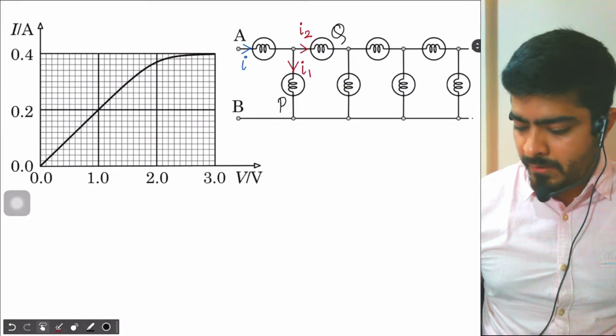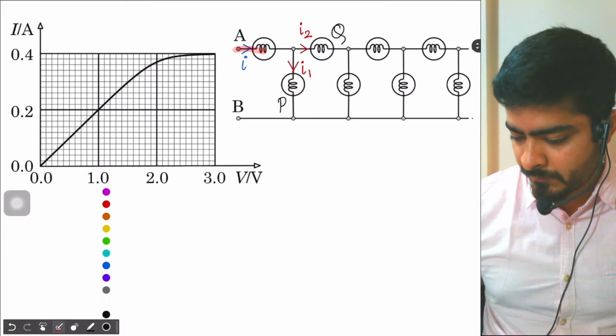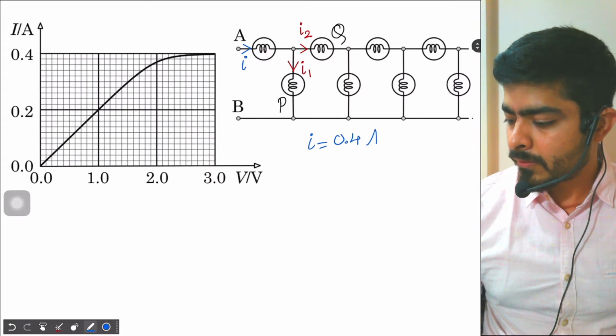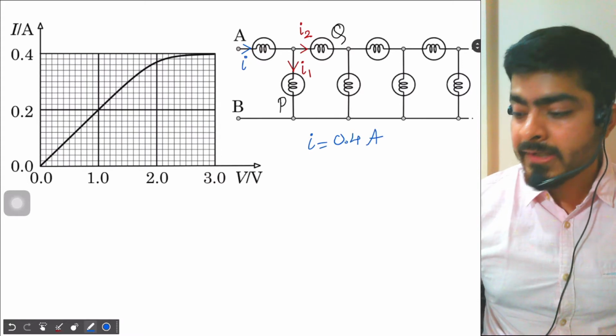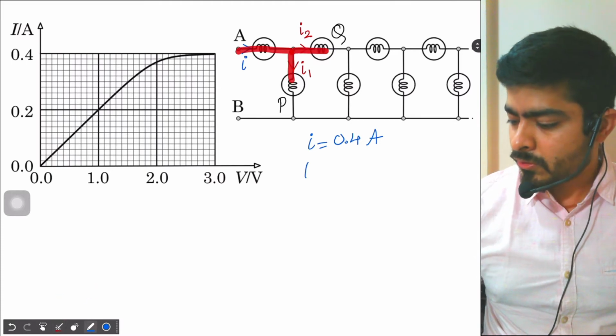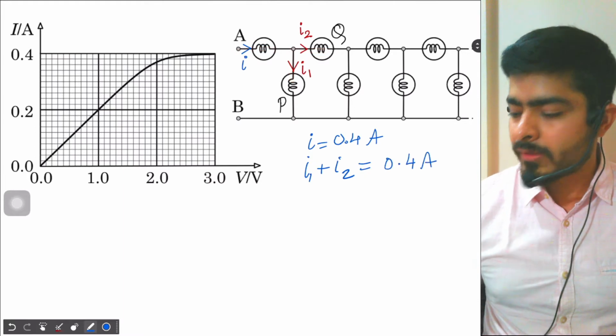We have I equal to 0.4 ampere. We have taken the maximum possible value of I, that is 0.4 ampere, and I is basically I1 plus I2. So I1 plus I2 is equal to 0.4 ampere.